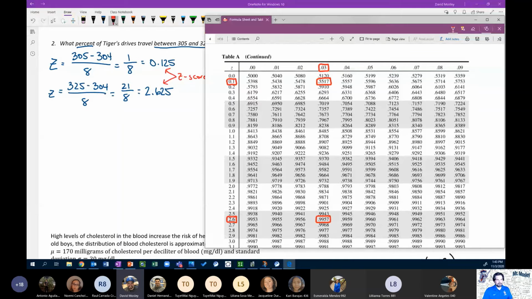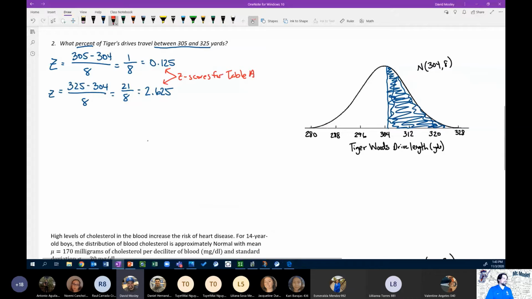So we'll use those: 0.9957 and 0.5517. These are the proportions from table A that we have.